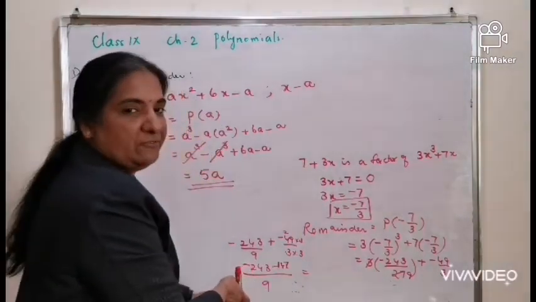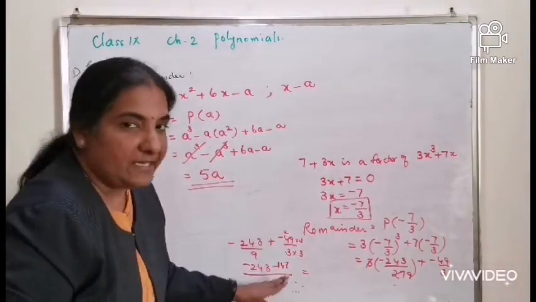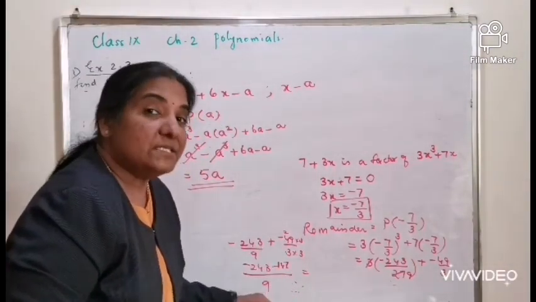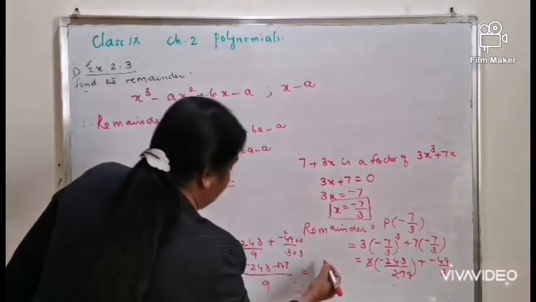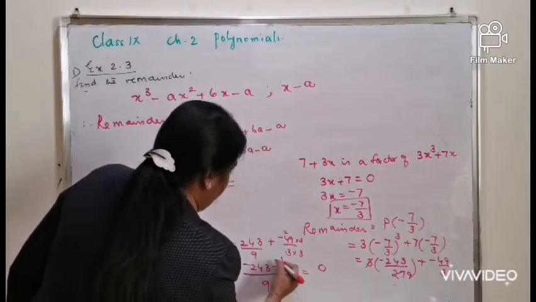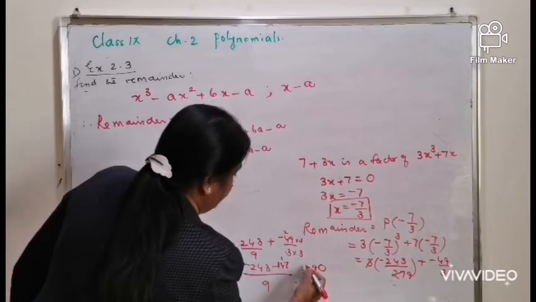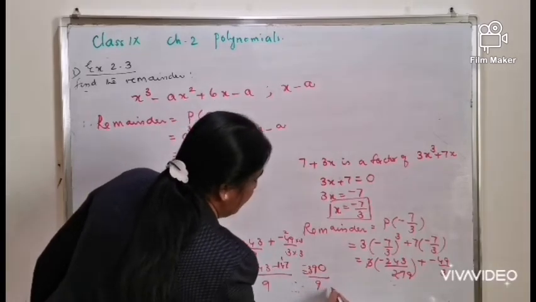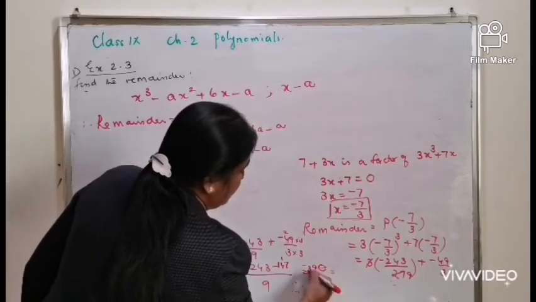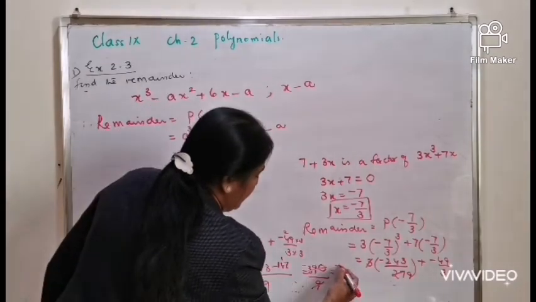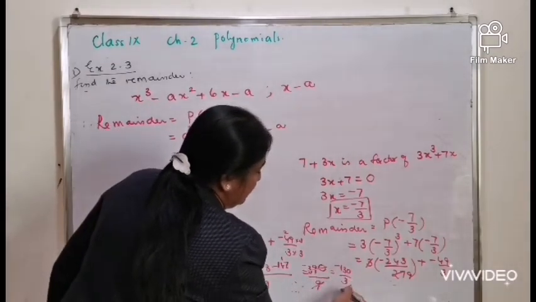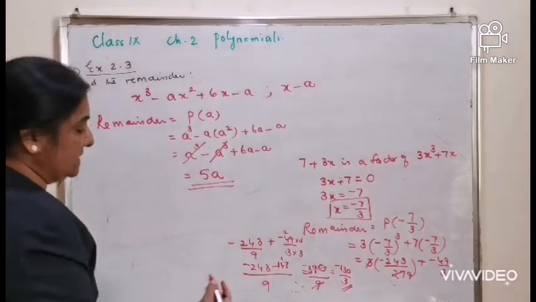From here itself you can infer it is not a factor because the remainder is not going to be 0. But still you can present the answer: minus 490 by 9, which is divisible by 3. How do you present the answer?